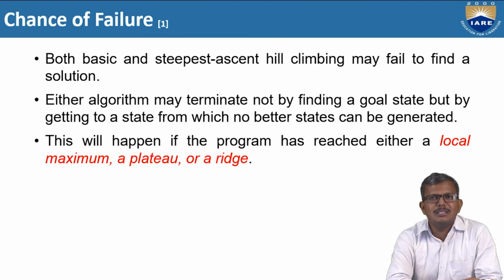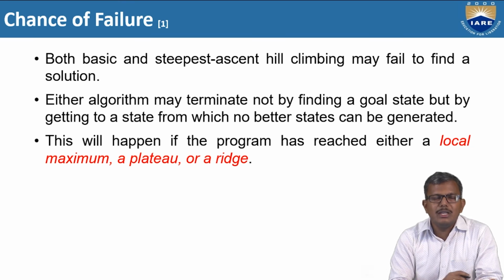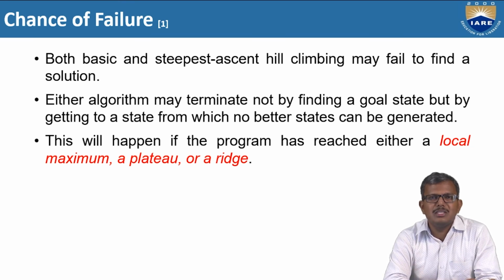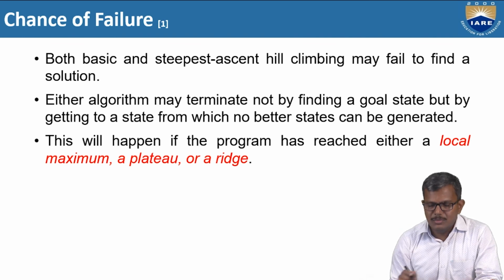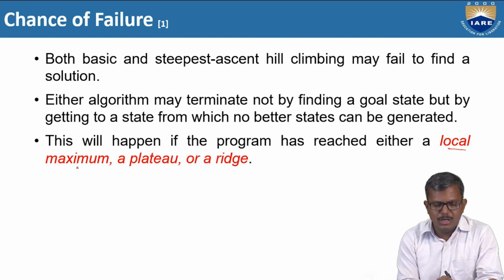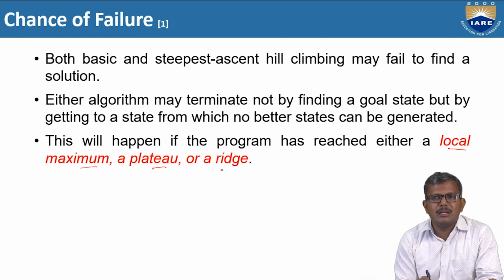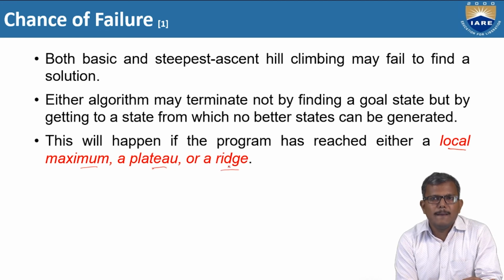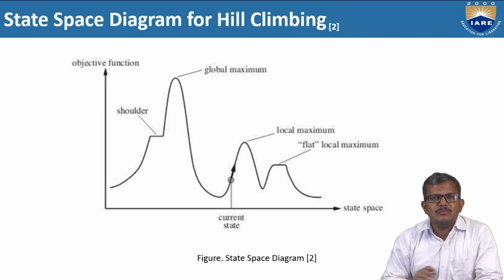Sometimes it may get terminated without finding any goal state, or without finding any new states, or without finding a better state. So what is the reason that makes these algorithms fail? There are three things: local maximum, plateau, and ridge. We need to identify what we mean by local maximum, plateau, and ridge.